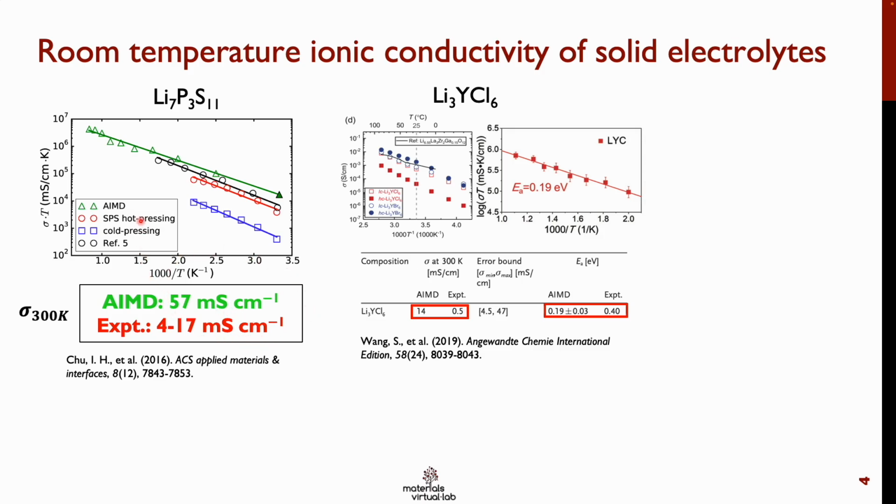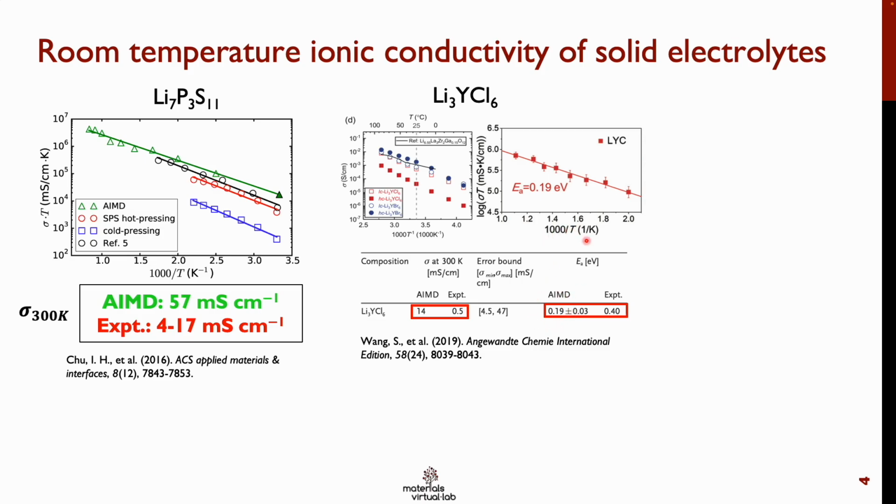That's the case for LPS. And it's even more severe in the LYC case, where the AIMD overestimates the room temperature ionic conductivity by more than 10 times. Also, the activation energy is underestimated by the AIMD results.